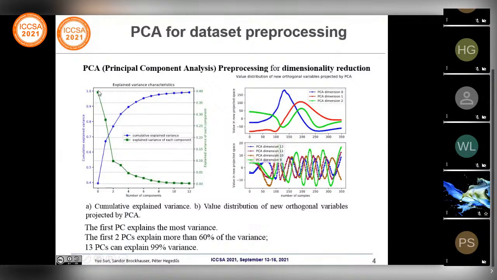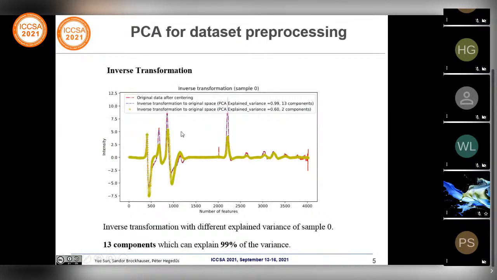From this figure, we can see the first component explains the most variance, with each subsequent one explaining less. The first two components can already explain more than 16% of the variance, and 13 components can explain 99% of the variance. And when transformed back to the original space, we can see the information obtained or lost by the newly selected components more clearly.